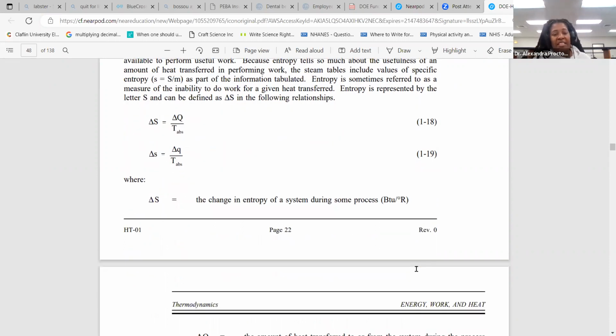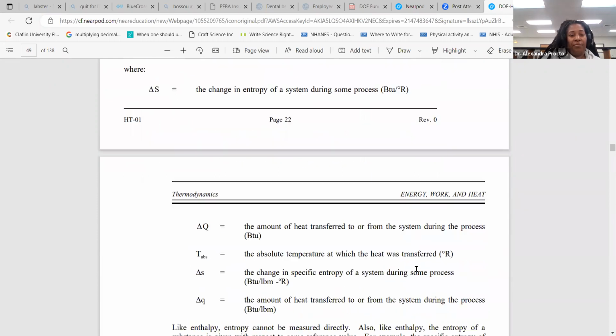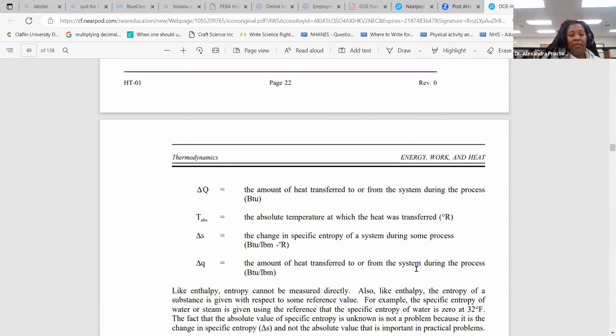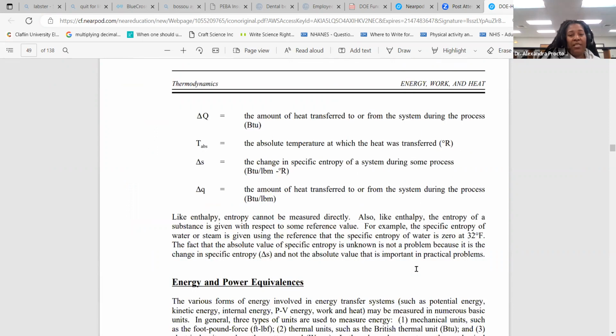So delta S is the change in entropy, and that's in BTU per delta R, and R is Rankine. Delta Q is the amount of heat transferred to or from the system during the process, that's in BTUs. T abs is the absolute temperature at which the heat is transferred, and that is Rankine.